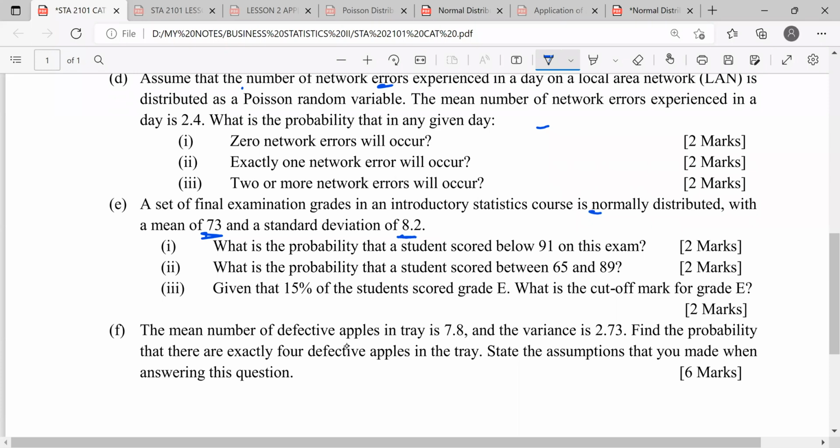Once you know that you are dealing with the normal distribution, you only need to answer this question: mu is equal to what, and sigma, or sigma squared, is equal to what?